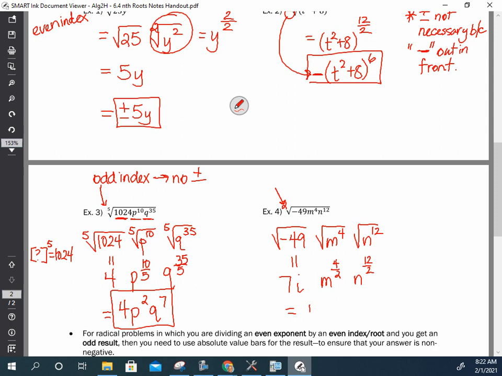So your final answer, plus or minus 7i, m squared, n to the 6th. Questions, example 4.